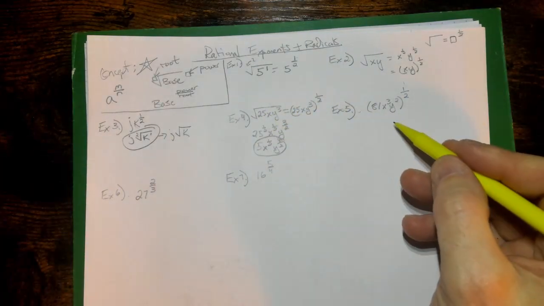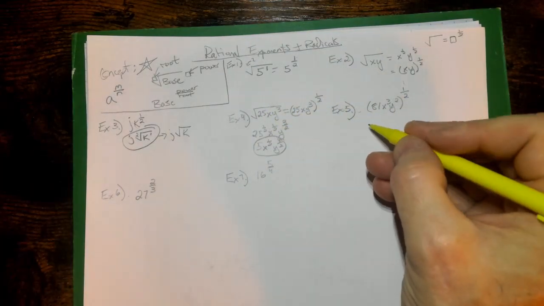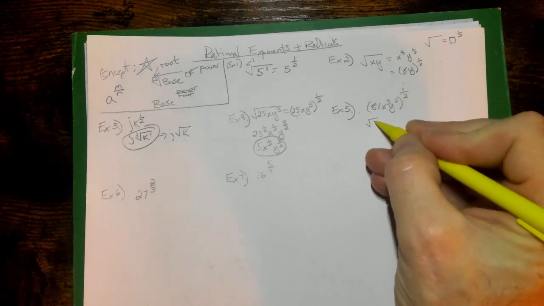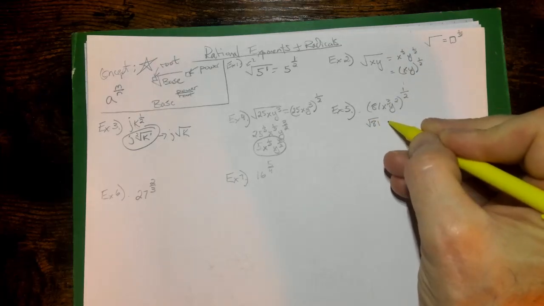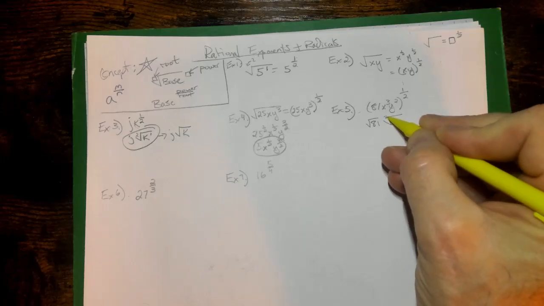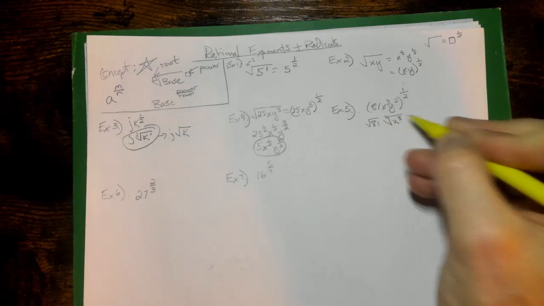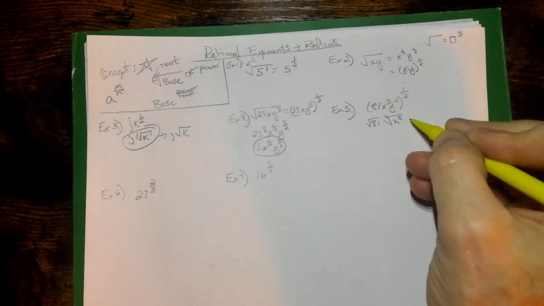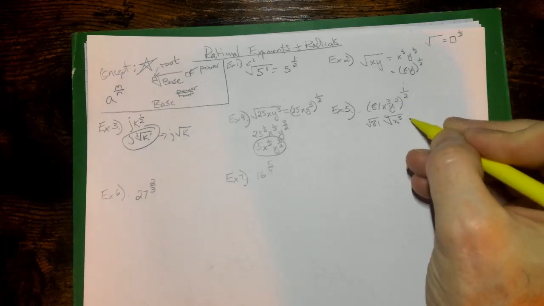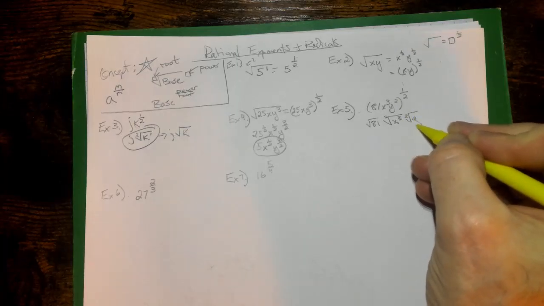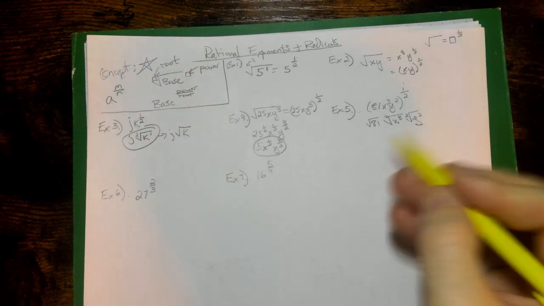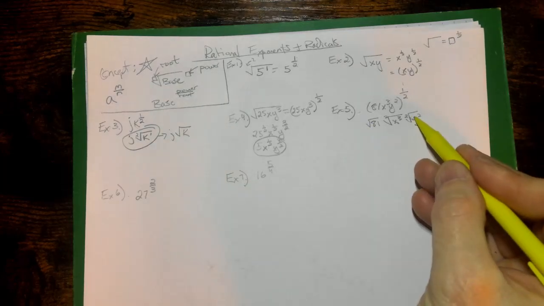Over here, building forwards and backwards, seeing how it moves from one to the other, we have this 81, and then the 3rd power. So I'm taking the square root of x and raising it to the 3rd power, and then taking the square root of y and raising it to the 2nd power. This is a little tricky.